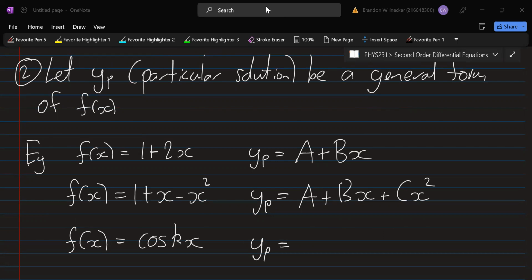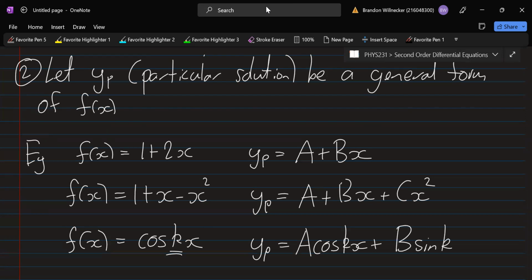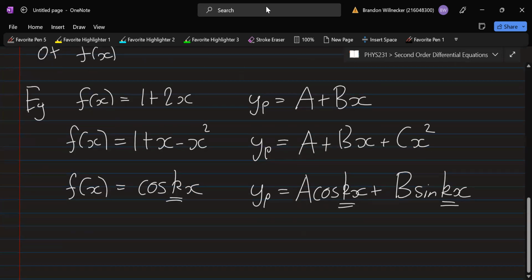The reason is that when we take derivatives of sine and cosine, they turn into each other: the sine turns into cosine, the cosine turns into sine, so we need to have both. However, this term k is fixed. So we have a cos kx plus b sine kx. The k is fixed in both cases here.